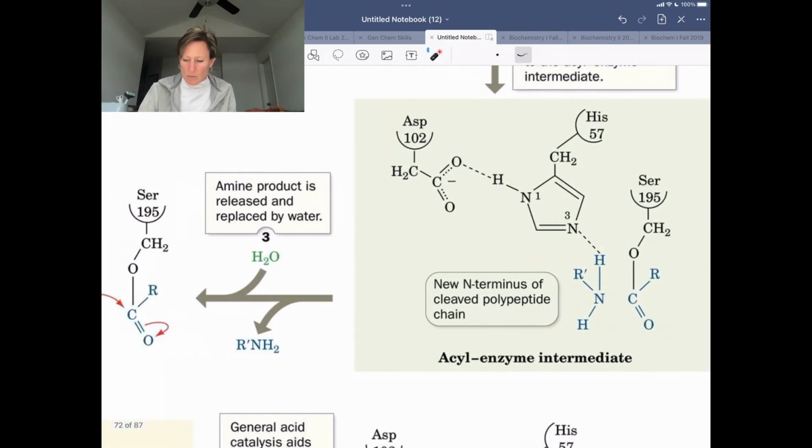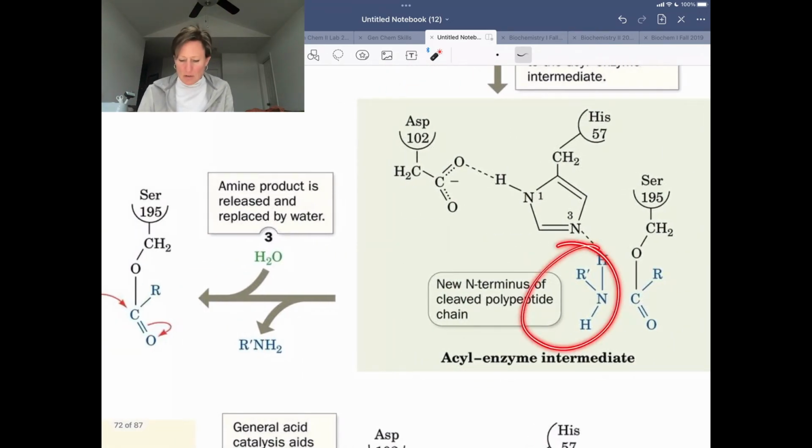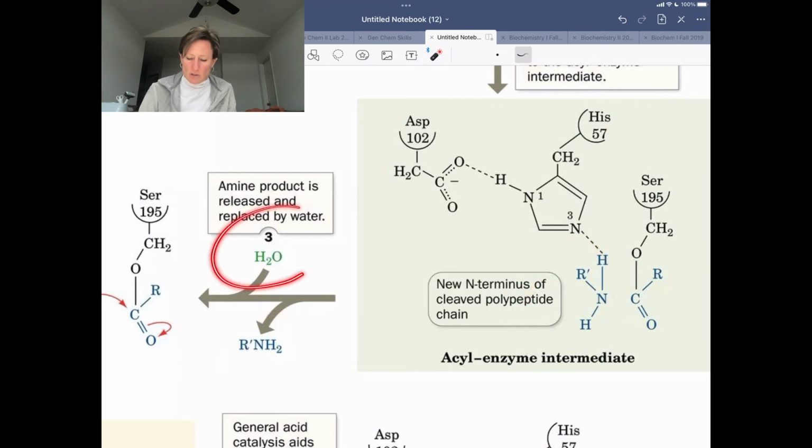Now what's going to happen is this N-terminal peptide is going to diffuse out, water can diffuse in, and now we've got the end of Act 1. Remember we talked about what happens in Act 1? Chemistry on the substrate. We've cleaved that peptide bond, but we haven't yet involved water, and truthfully, our enzyme active site is not back in its proper state.